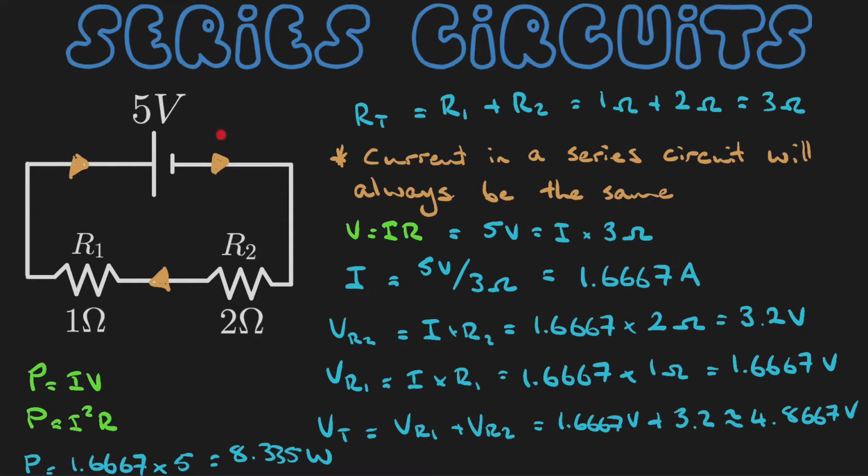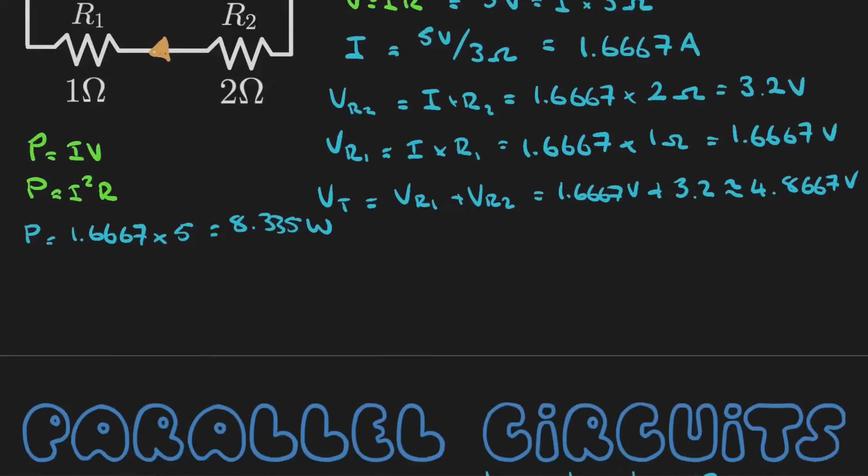So the voltage here will be more than the voltage after the first resistor, and it will also be more after the third resistor, or the second resistor, I should say. So the voltage actually decreases over load, or over the resistors.